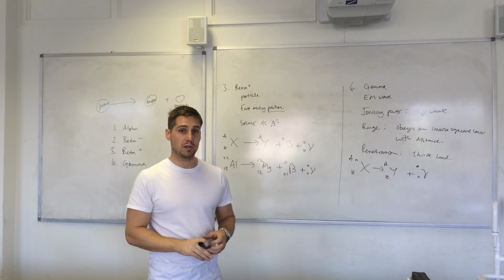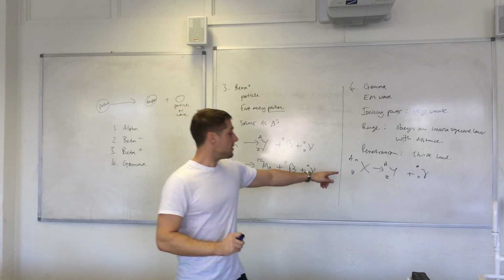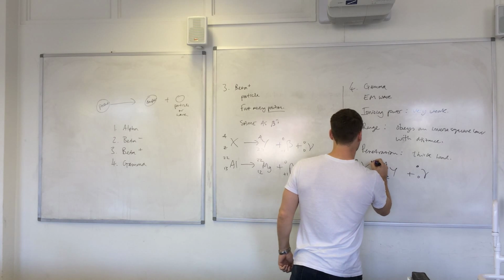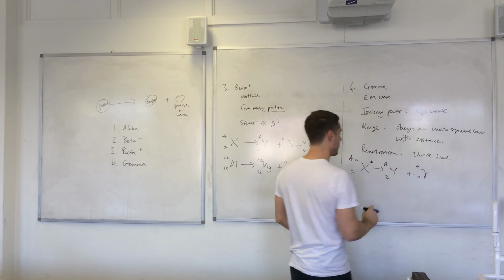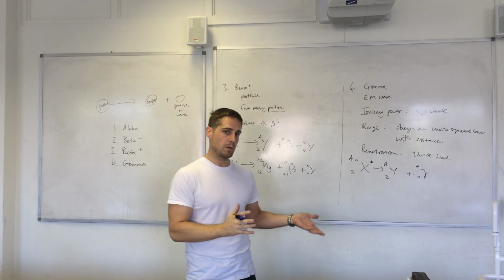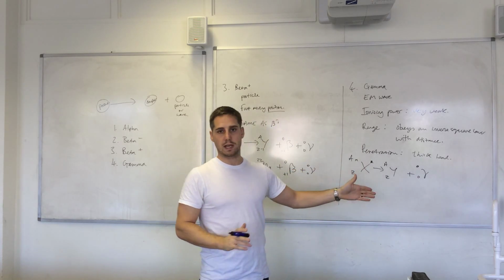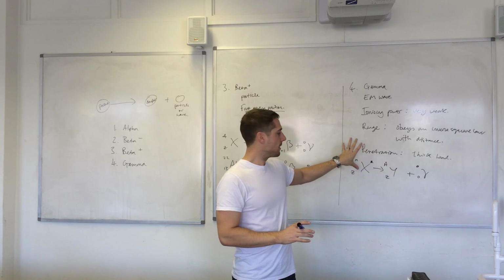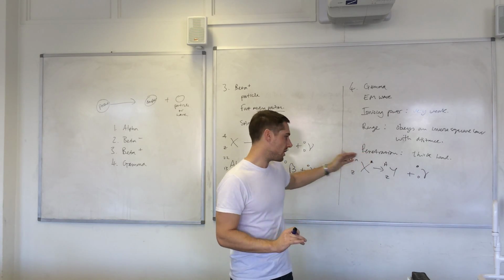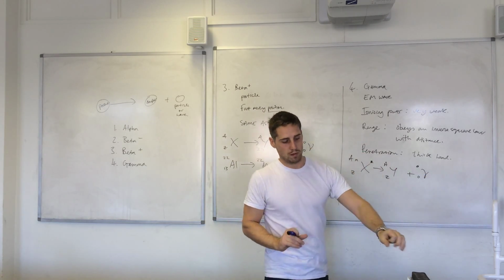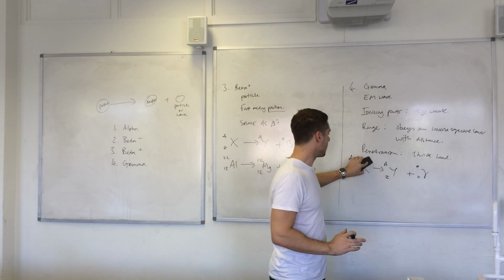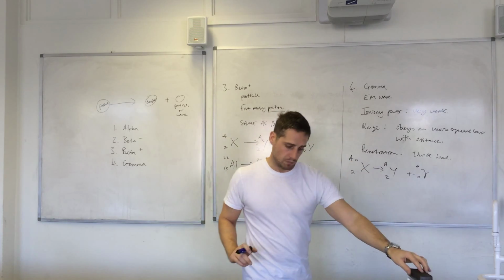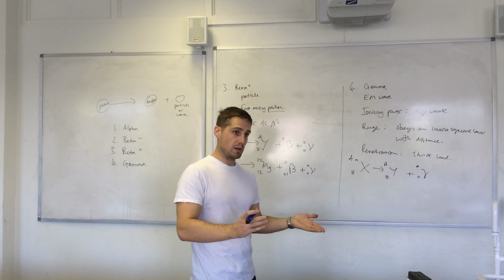So it's pretty straightforward. Sometimes you may see an asterisk by the symbol. That also can be used instead of the M to indicate that the nucleus of this atom has too much energy, so it needs to lose it in the form of a gamma photon. Whichever one you want to use, just be consistent with it. So let's have a look at an example.